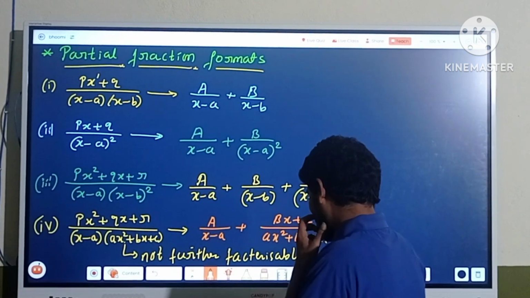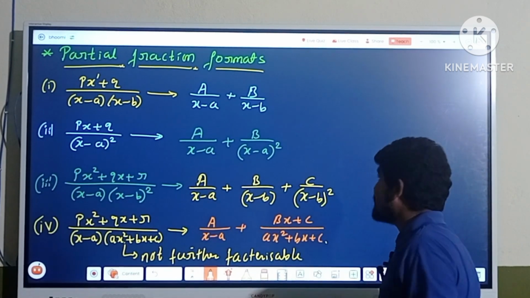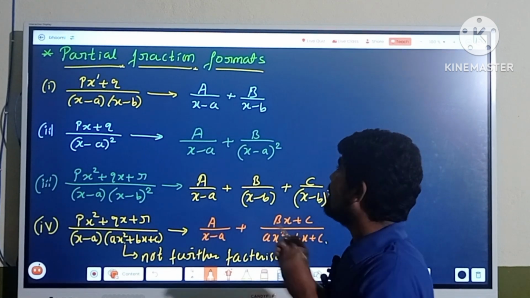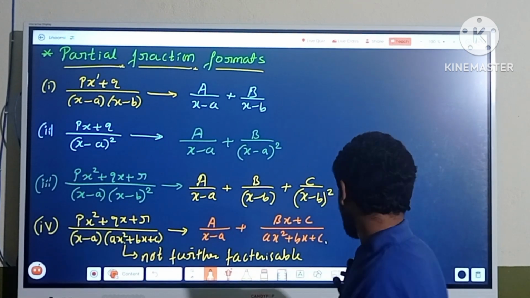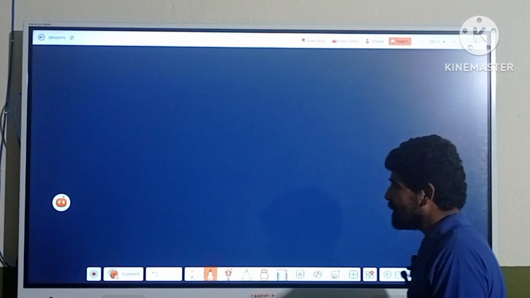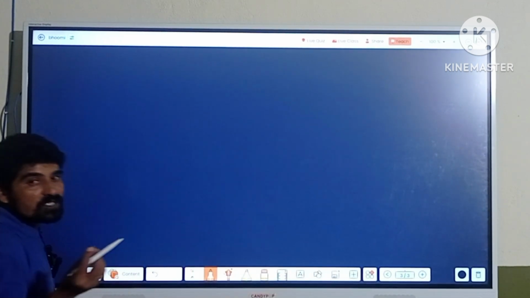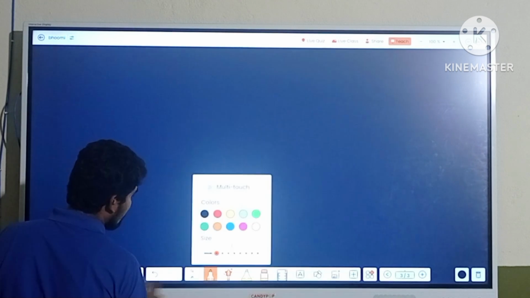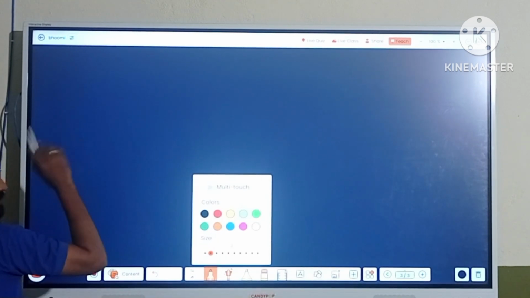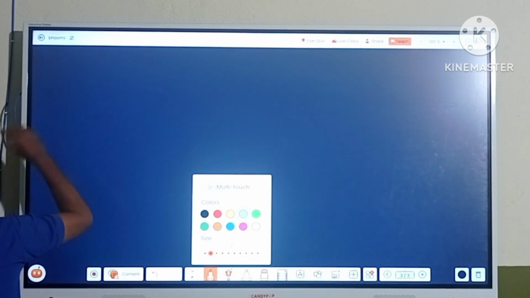So let us consider one example to understand the method of solving integral problems by using the partial fraction method. So I am going to consider one of the most important problems, which will be asked in your annual examination many times.